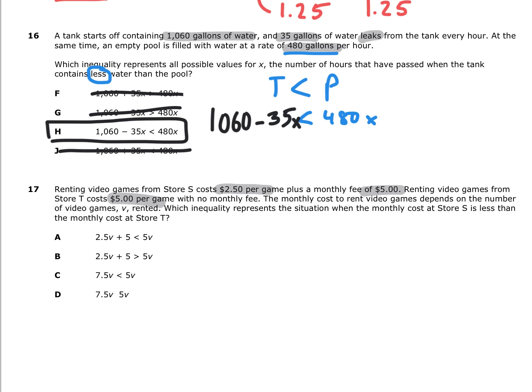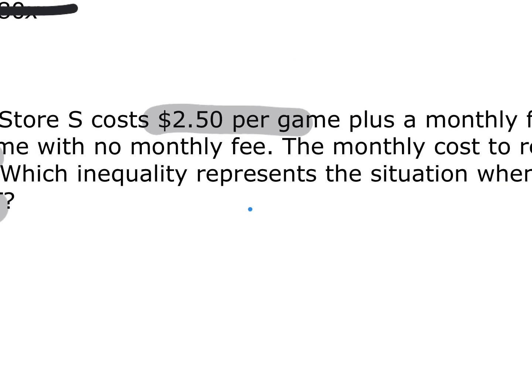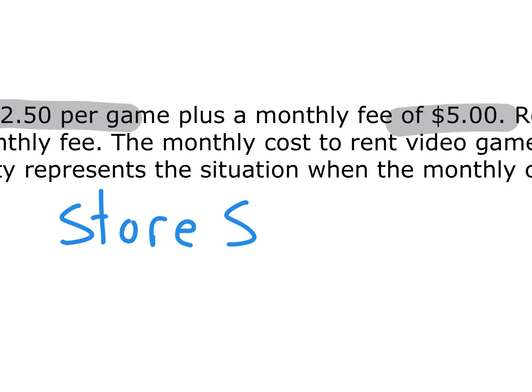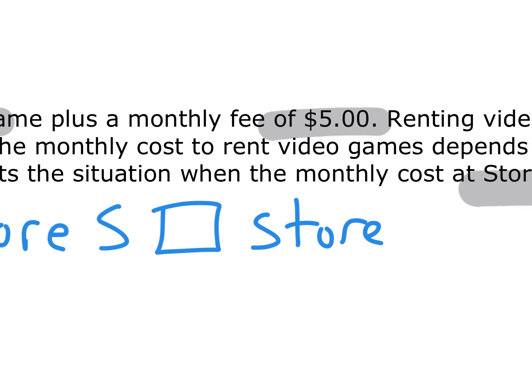Which inequality represents the situation when the monthly cost at Store S is less than the monthly cost at Store T? So once again, before I do anything, I'm going to write, let me zoom in a little. Store, not storm. Store S is what Store T.